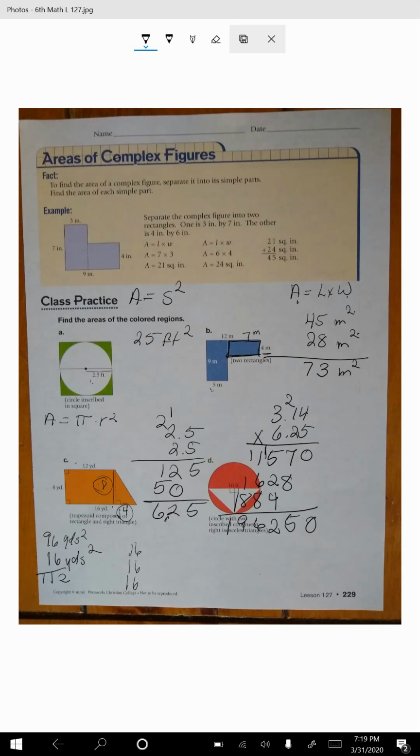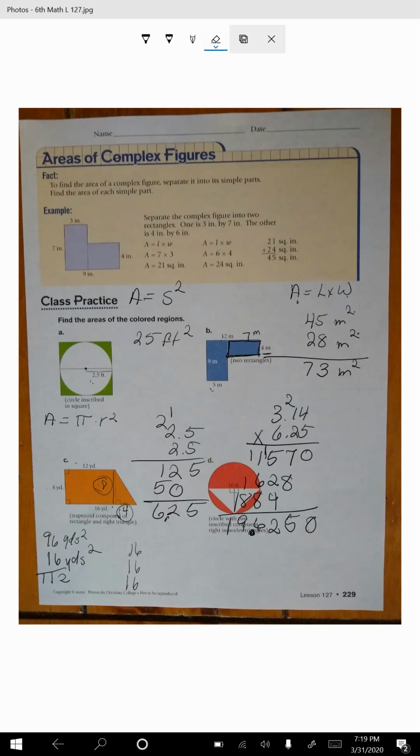If I did it right. Yep. Move the decimal over 4 places. It's 19.625. We're not going to write that 0 because we don't even need it.